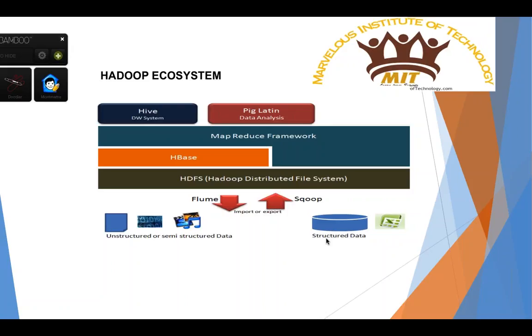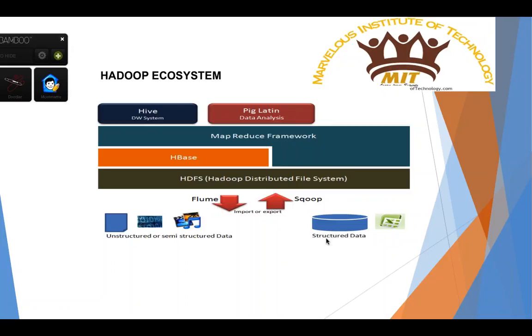If you want to process data, we have MapReduce, which will process the data in parallel on different machines. And where you want a data warehouse kind of system, we have the Hive tool, which was developed at Facebook and donated to Apache. So we have a data warehouse kind of system on Hadoop, that is Hive.